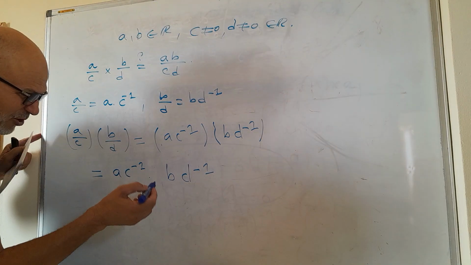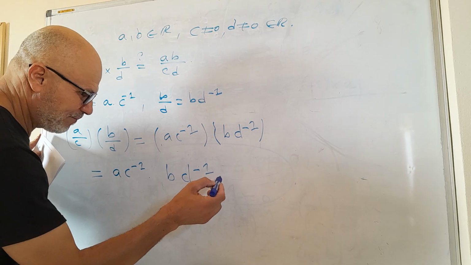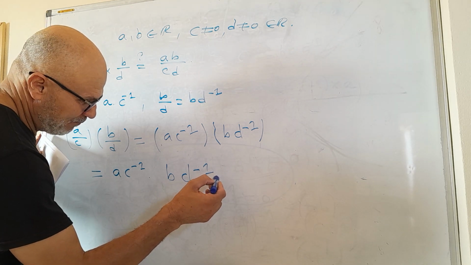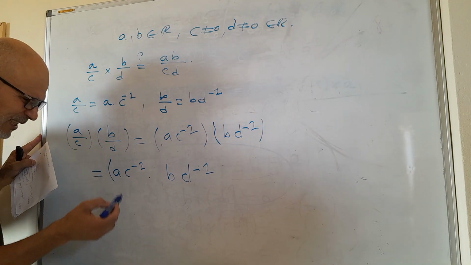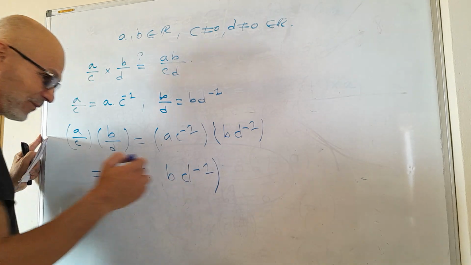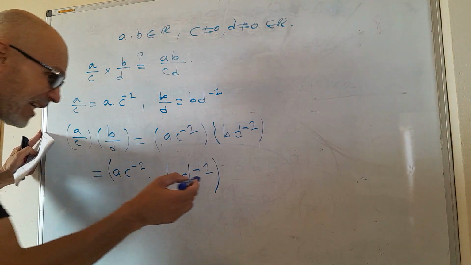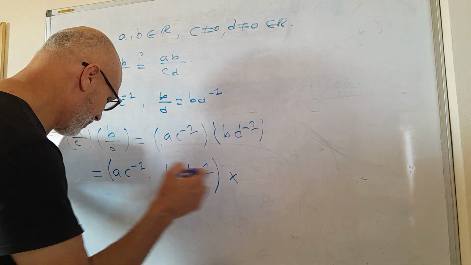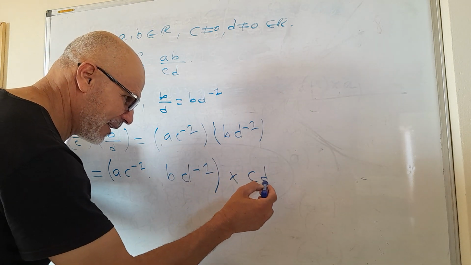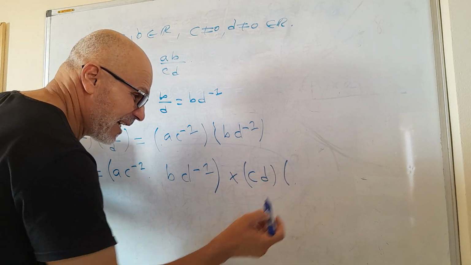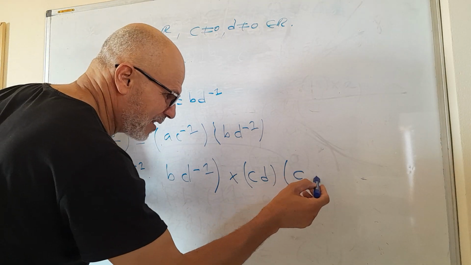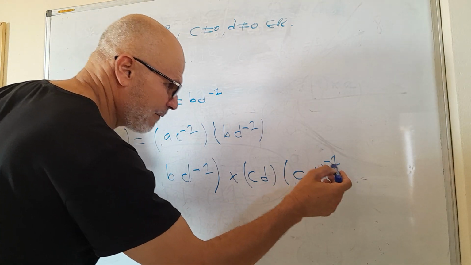And this is actually equal to... we keep this one like this, and we multiply it by cd, and we cancel cd by cd inverse.